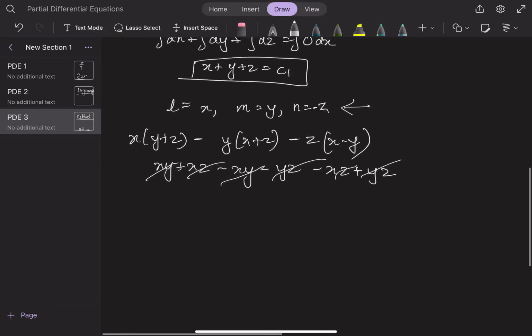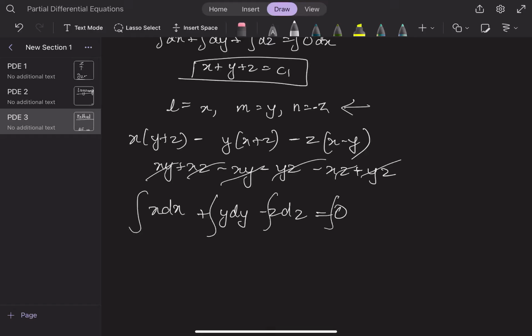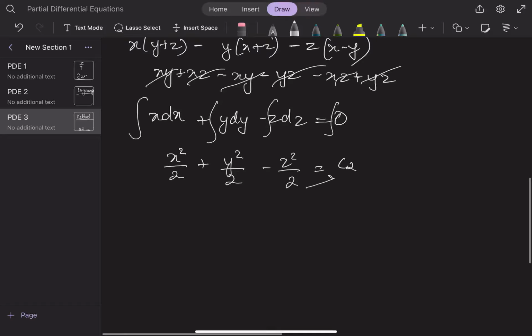So now let's integrate. x dx plus y dy minus z dz is equal to 0. Now let's integrate this. x square by 2 plus y square by 2 minus z square by 2 is equal to c2. So let's take the 2 over there and write a new c2.